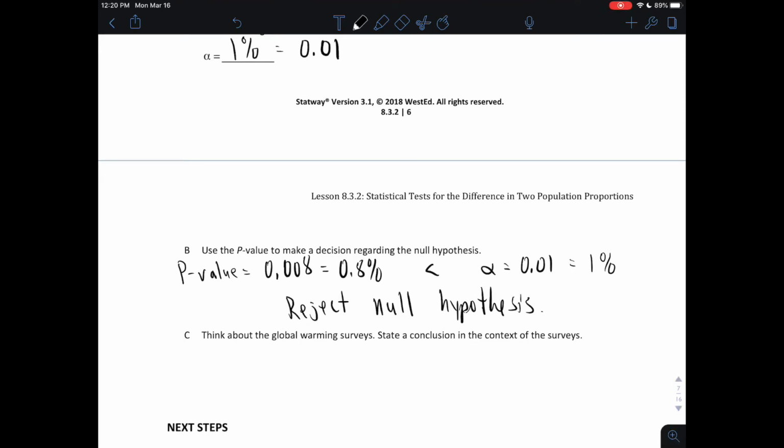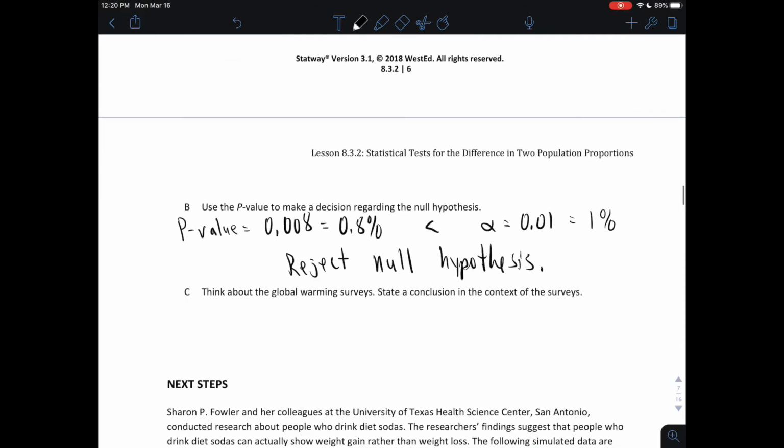While we're at it, we can also say, even though it wasn't asked in this question, the data supports the alternative, HA, for alternative hypothesis. And then finally, part C. Think about the global warming surveys. State a conclusion in the context of the surveys.